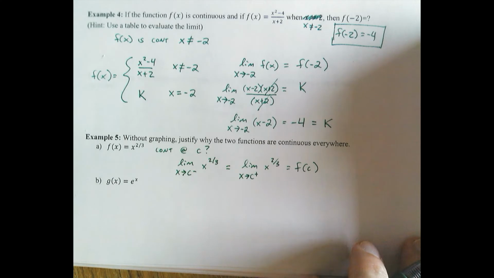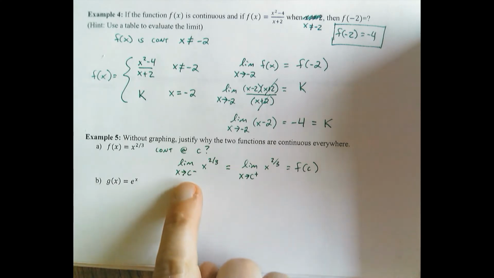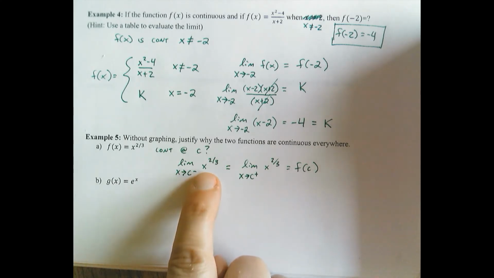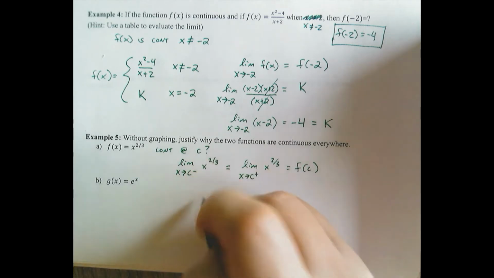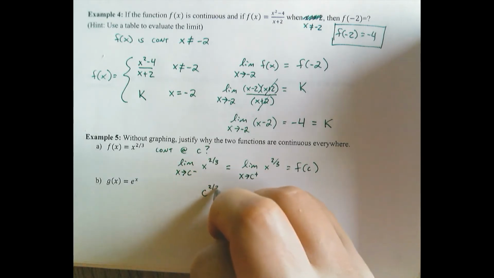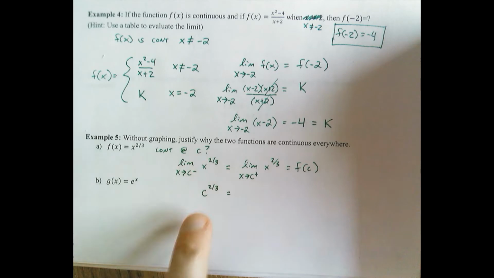And by direct substitution, if I stick c into this expression, I'd get c to the 2/3, which does not cause a divide by zero error. And so we're pretty safe here because the divide by zero error is what causes discontinuity or jumps.